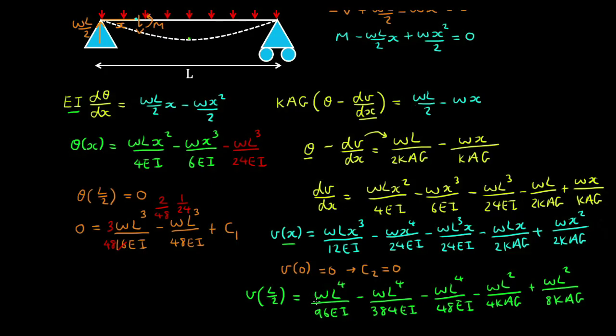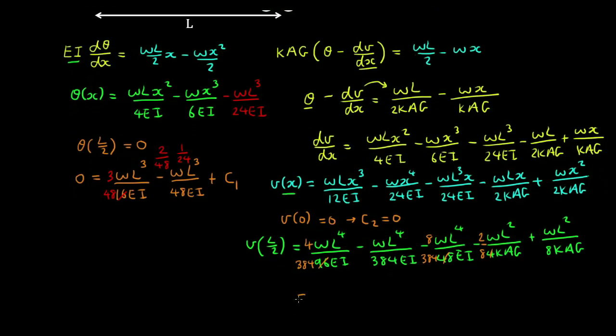So therefore, if we make some simplifications, this is 4 on 384, and this here is 8 on 384. And 1 on 4 is 2 on 8. So what we get is 4 minus 1 is 3, minus 8 is minus 5 on WL to the 4 on 384 EI.